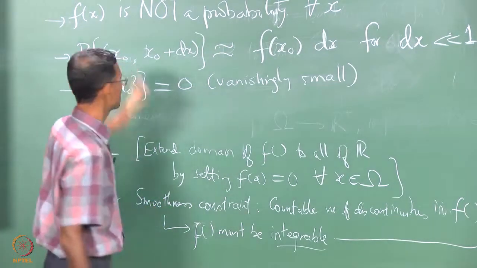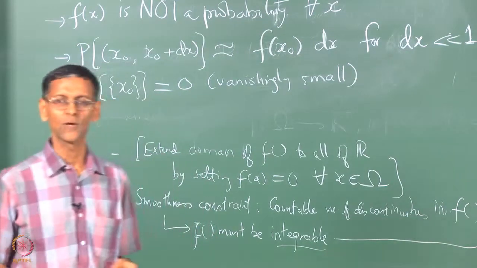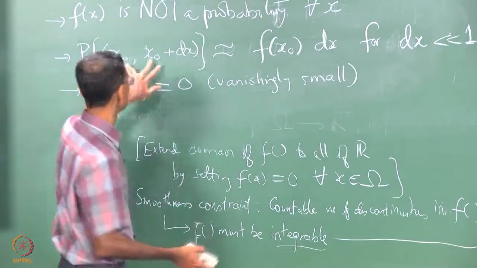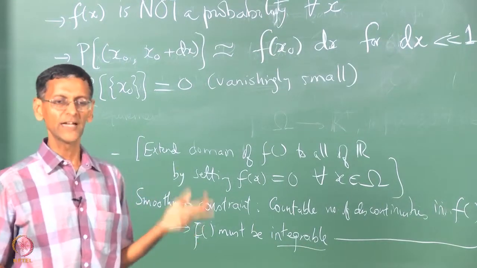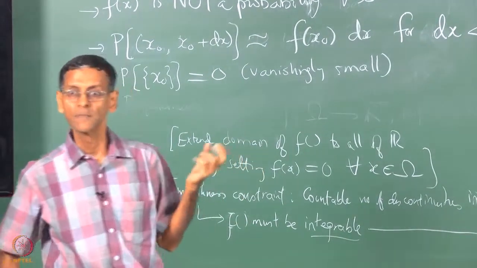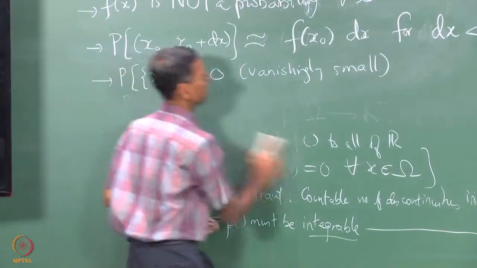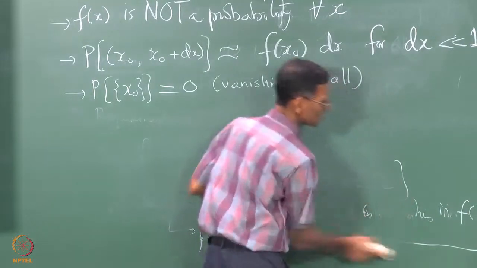Or if you do not like x naught to be at one end, you can put it in the middle and say x naught minus dx to x naught plus dx or whatever, but essentially this kind of thing is just reflecting our imprecision in specifying or measuring exactly a real number, which we cannot in any way do in practice.